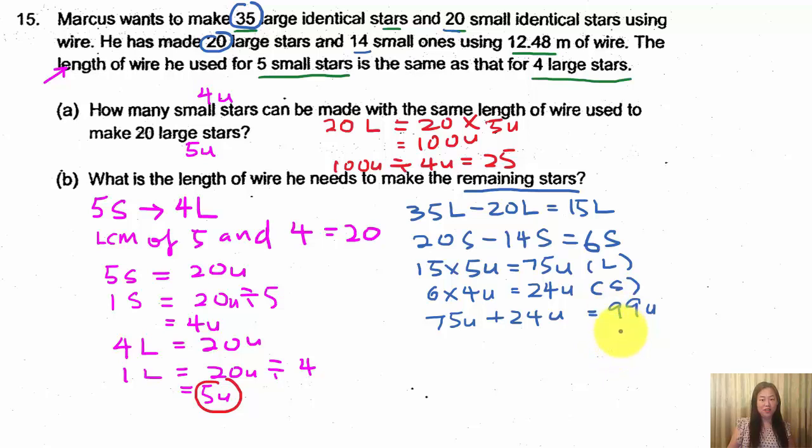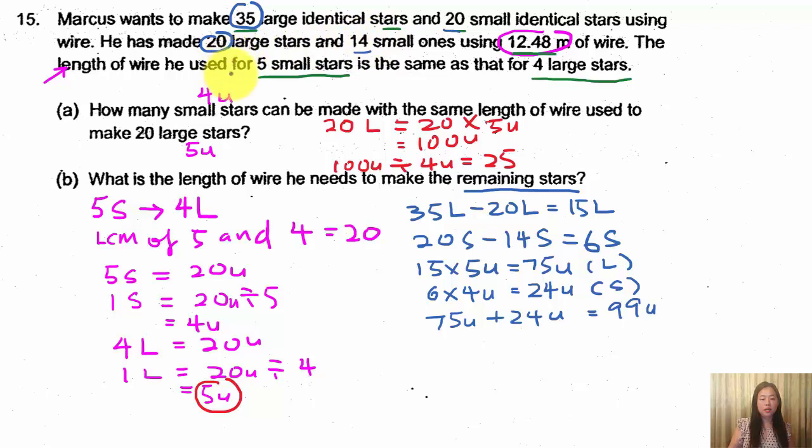What is 1 unit? The trick is to try to find a number that represents a quantity. So we know that this is 12.48 and it's equivalent to 20 large stars and 14 small stars.